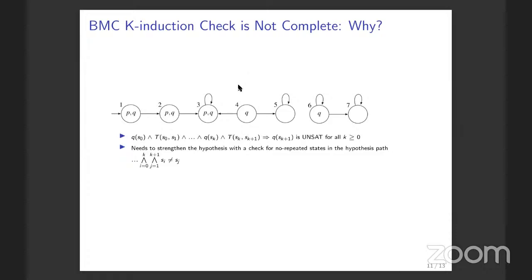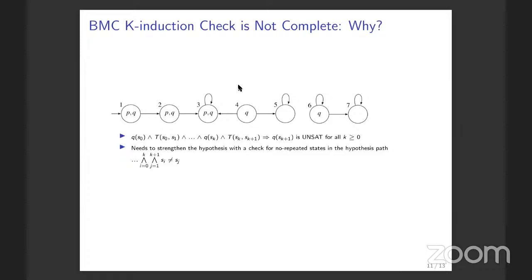Because the greatest fixed point, AG of P, will have things that may not be reachable, but they are not counterexamples to induction. So it will have all those kinds of things.